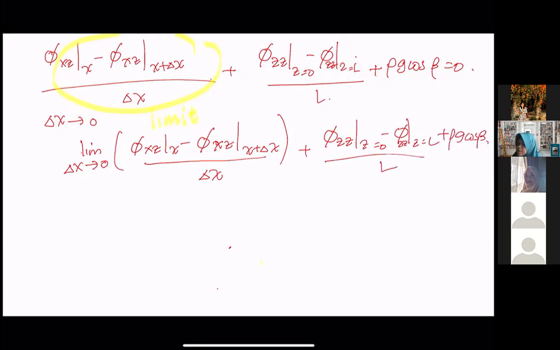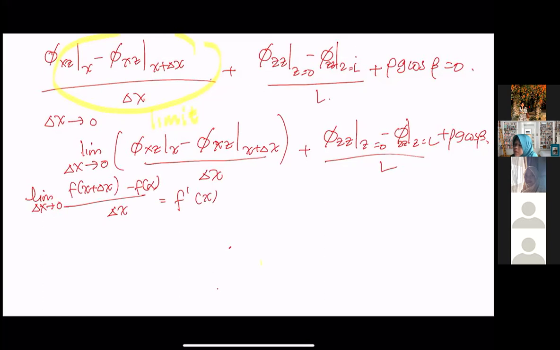If you remember about limits, if you have the limit as delta x goes to 0 of the function of x plus delta x minus the function of x, divided by delta x, that would be equal to the derivative of the function.